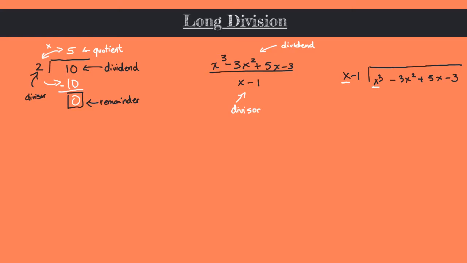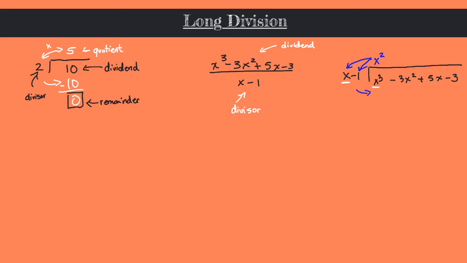Now, let's keep going. X cubed divided by x, that answer is going to be x squared, and that goes at the top. That's a part of our quotient. And what you would do then, similarly to what we did in the previous long division review from elementary school, you would multiply that by every term in your divisor, and that answer would go on the second line underneath your dividend.